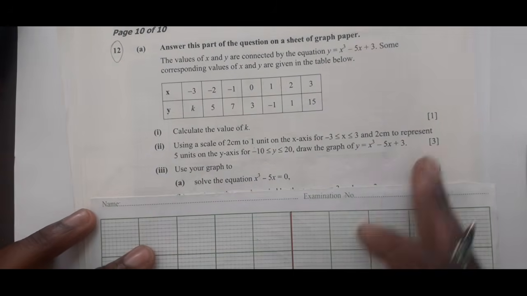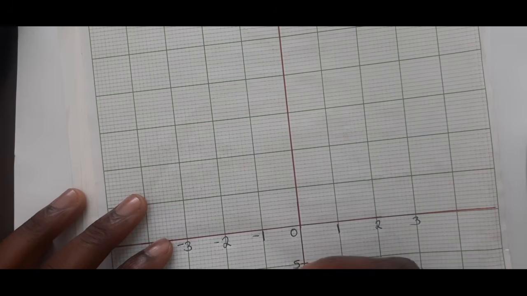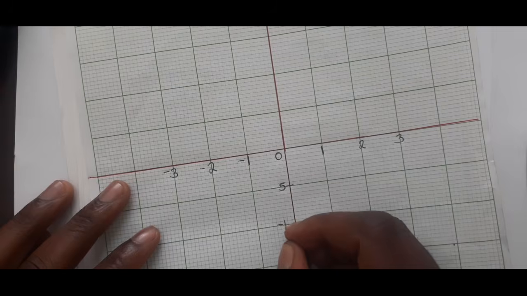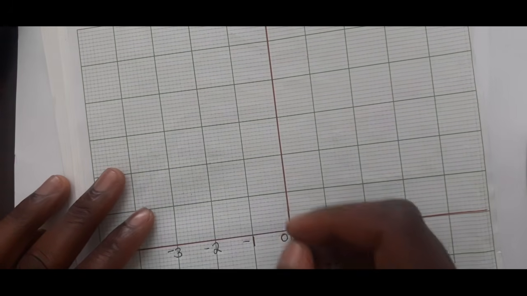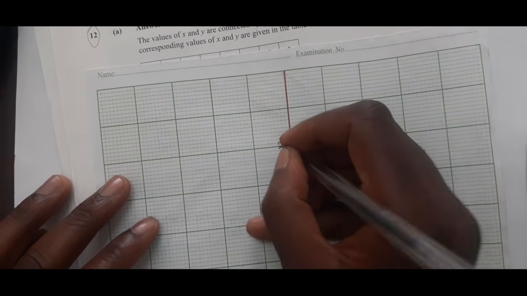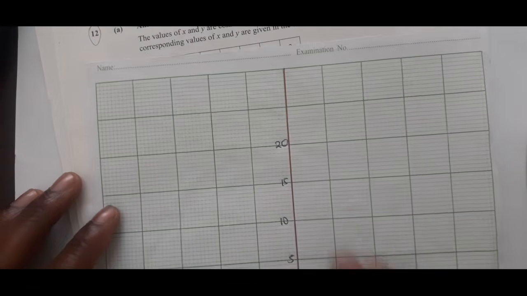We're told 2 centimeters represent 5 units. So this is going to be 5, then negative 10, and up here we're going up to 20. So we have 5, 10, 15, and 20. Then now we begin to plot.